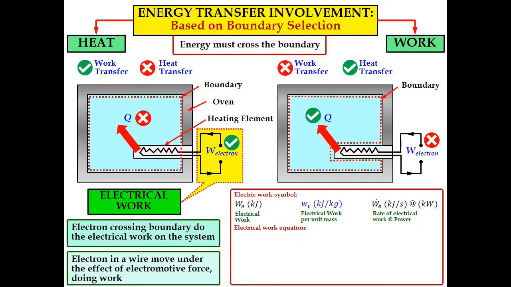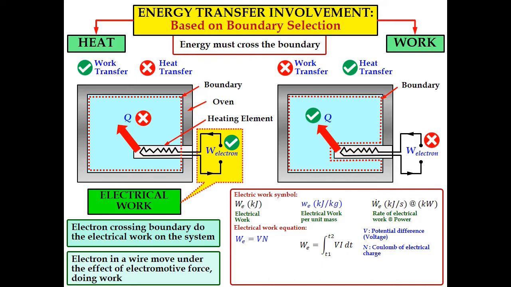Okay, in terms of the electrical work equation, electrical work equals V multiplied by N, where V equals the potential difference, which refers to the voltage, and N is the coulomb of electrical charge. When the value of VI is not constant, we refer to the integration equation.